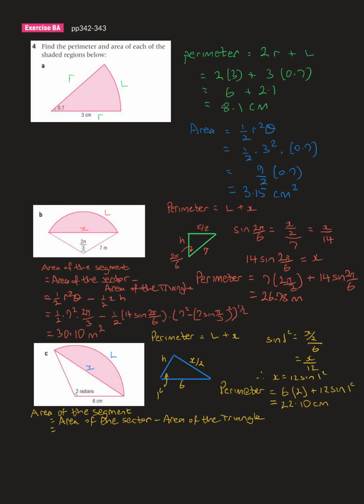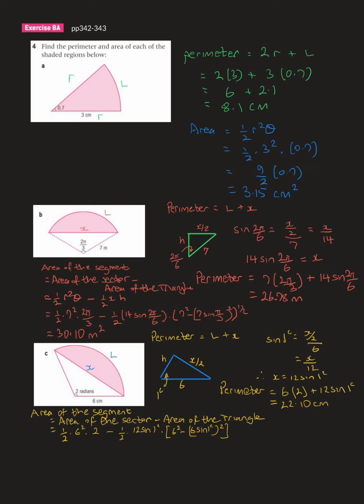Well, the area of the sector is easy. It's just a half times r squared times theta, which is 2, minus the area of the triangle, which is half the base of that big white triangle. So that's half of 12 sine of 1 radian, half the base times the height. And the height is, we said, going to be 6 squared minus X on 2, which is 6 sine 1 radian squared.